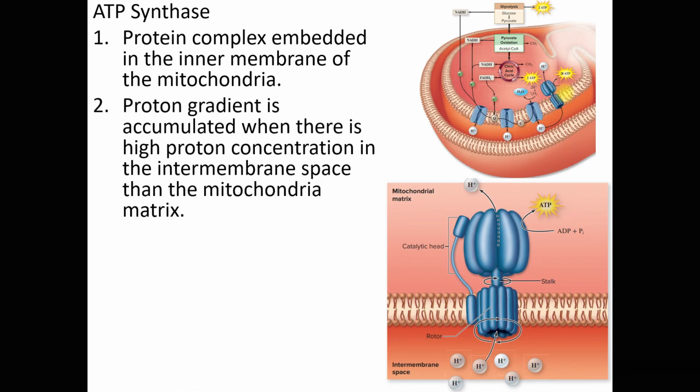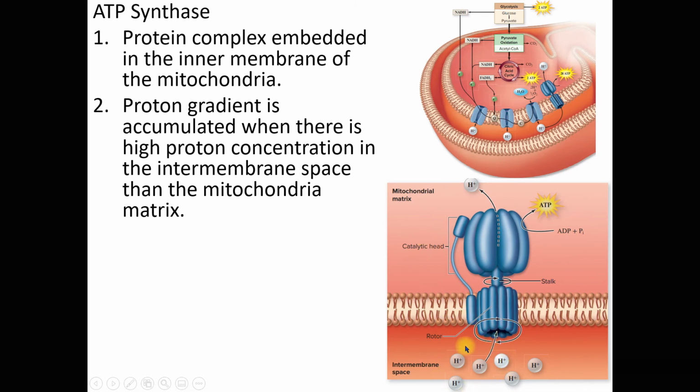Now, a proton gradient is accumulated when there is high proton concentration in the intermembrane space. You can see here, this is the intermembrane space of the mitochondria where the proton concentration is higher compared with the mitochondrial matrix.